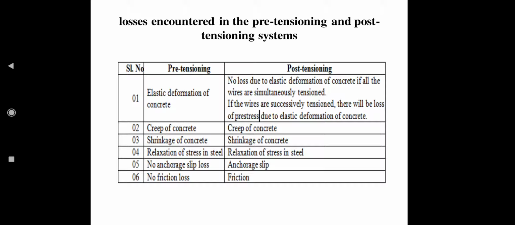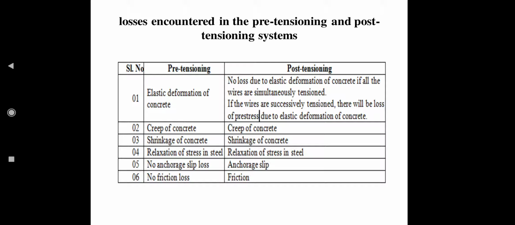Whereas in post-tensioning the concrete is placed, and after the concrete member gains its strength, the cables are passed through the ducts which are provided within the concrete member, and then the cables are tensioned and anchored at the ends. So this is the difference between pre-tensioning and post-tensioning members.